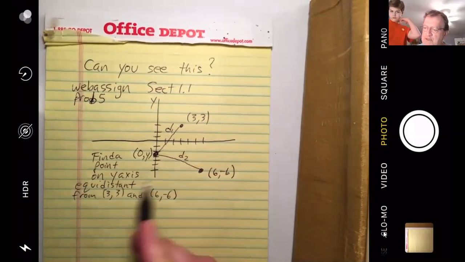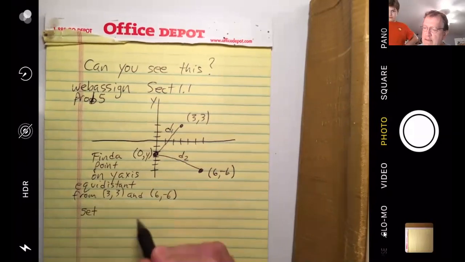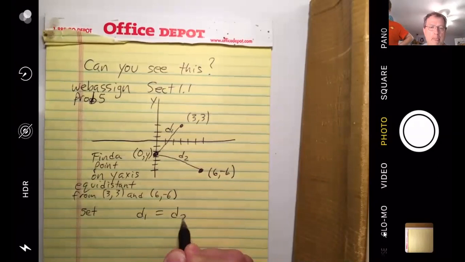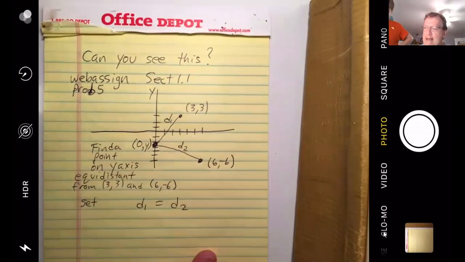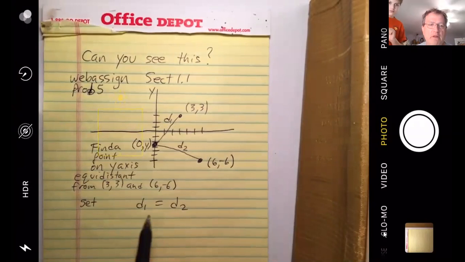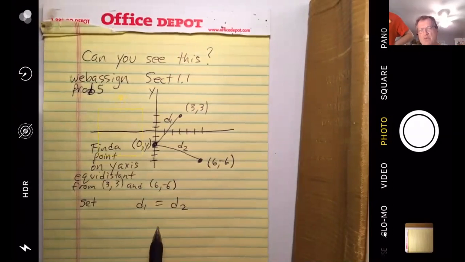So what we've got to do is set D1 equal to D2. Now, this is an application, again, of your distance formula. We got to set up two distance formulas. Now, do I need to write out the distance formula? You're used to doing it in x1s and x2s and y1s and y2s.